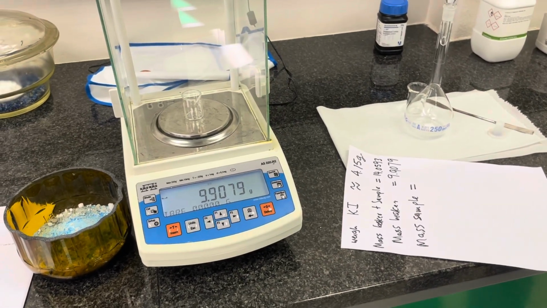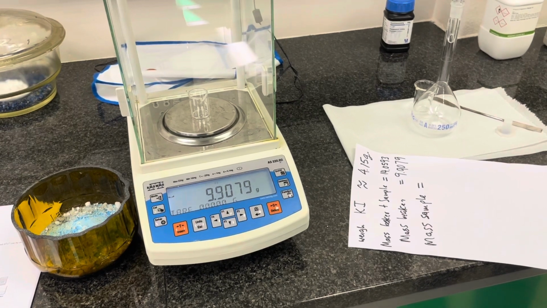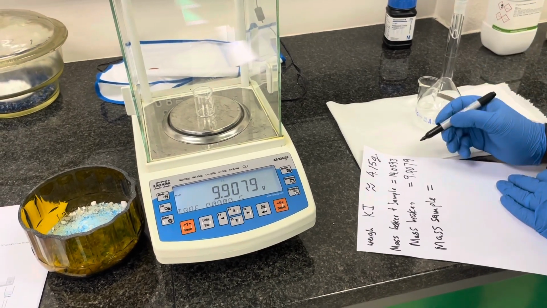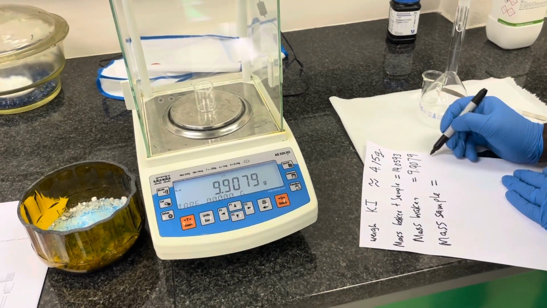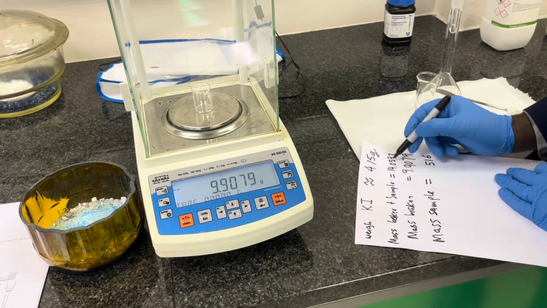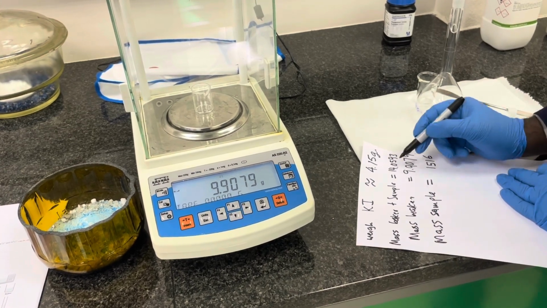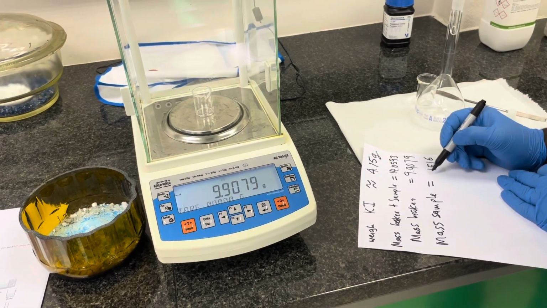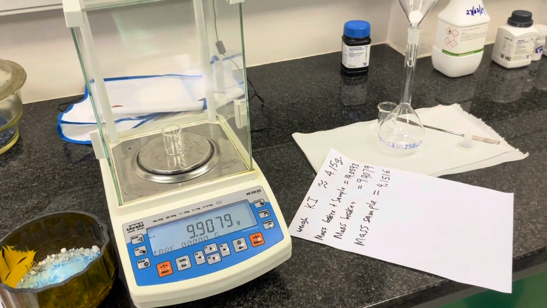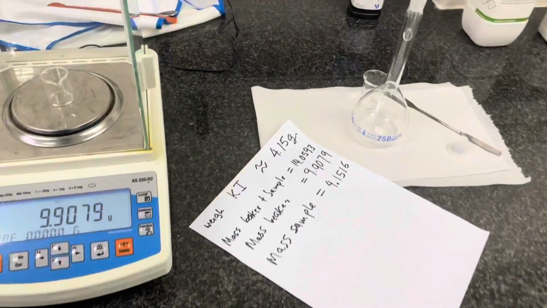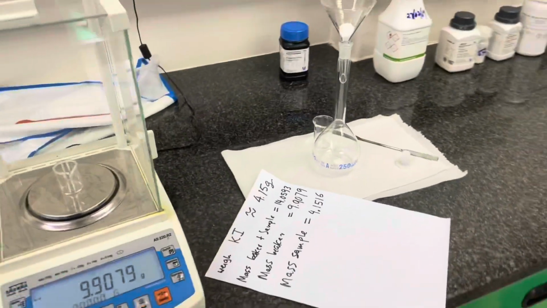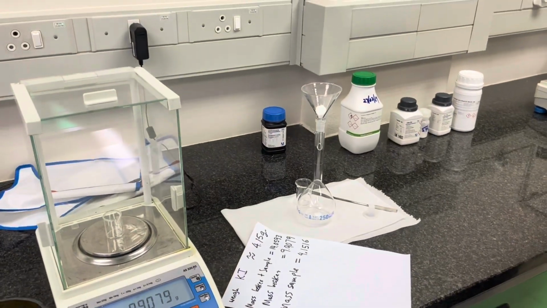A quick calculation will show that we actually lost about 0.01 grams during the transfer process, and hence we are now in the 4.15 gram range for potassium iodide, which is as required. Absolutely perfect, if I might add myself.